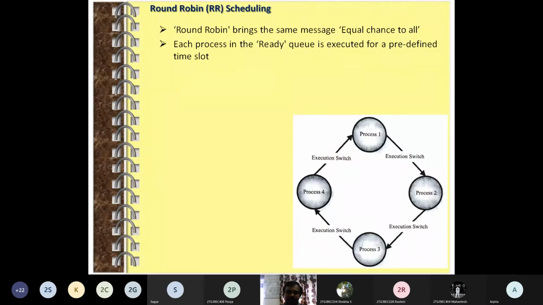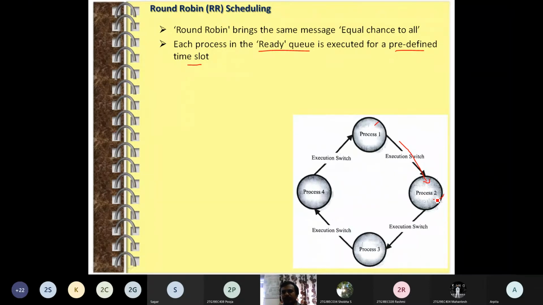Look at this diagram. Suppose there are 4 processes in the ready queue. Process 1 is allotted a predefined time slot. Once that time slot is over, it is switched to the next process, and process 2 also has the same time slot. Process 1 completes its time slot, then it is switched to process 2.